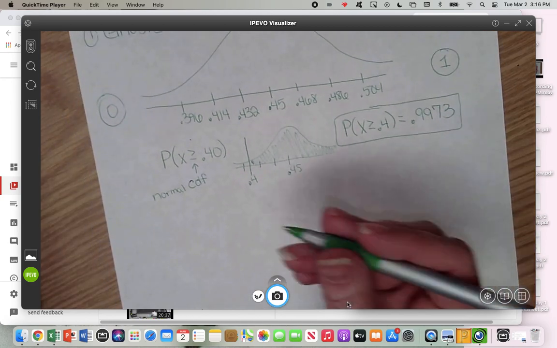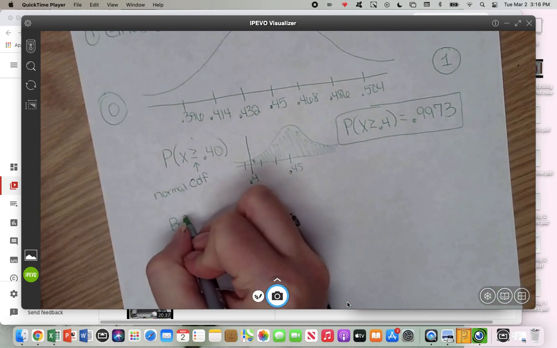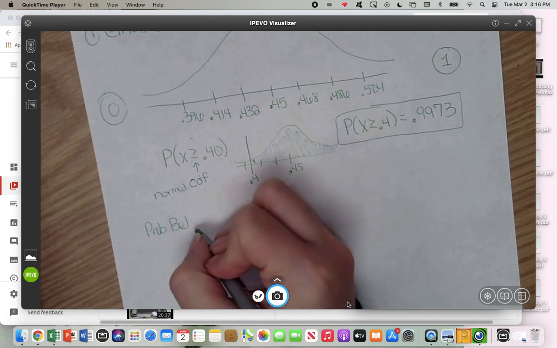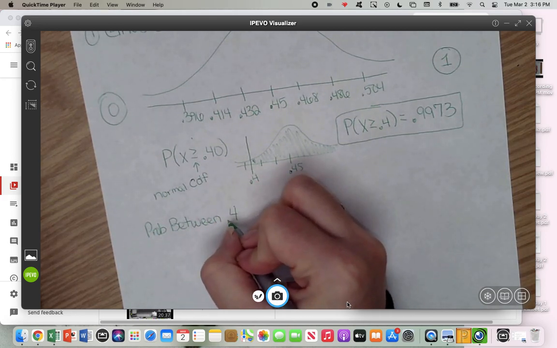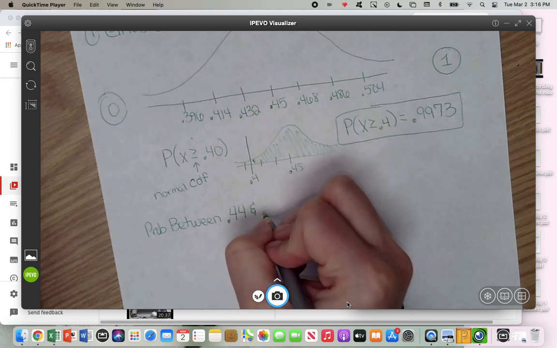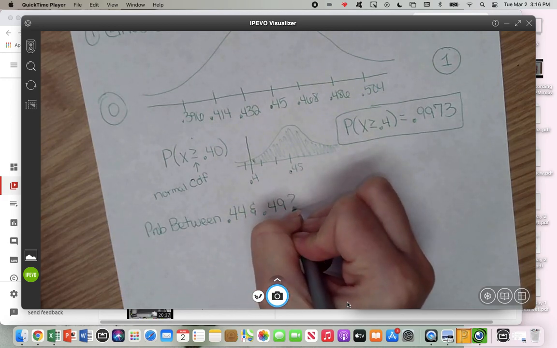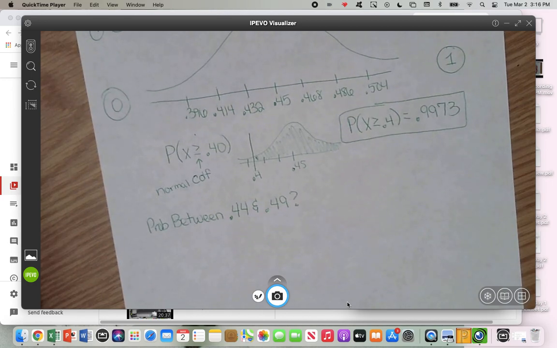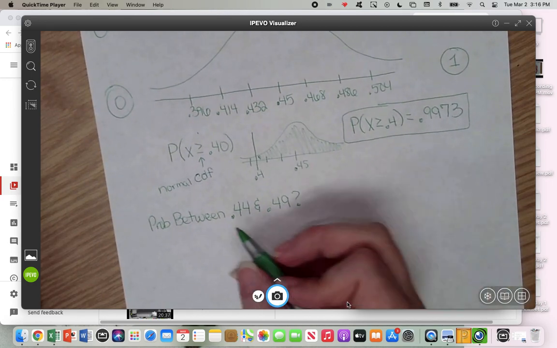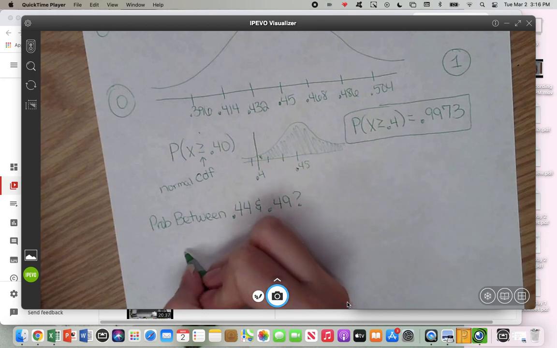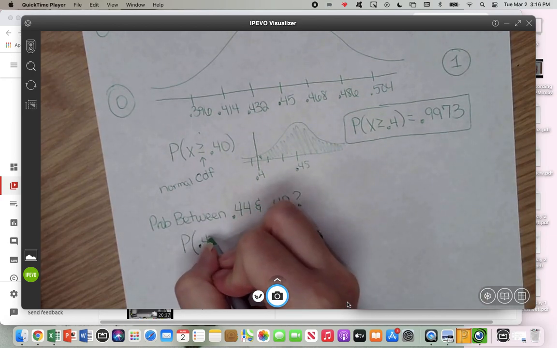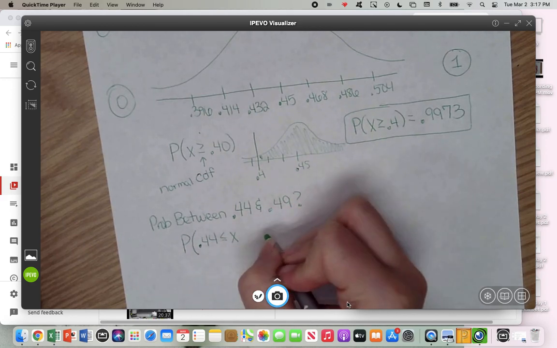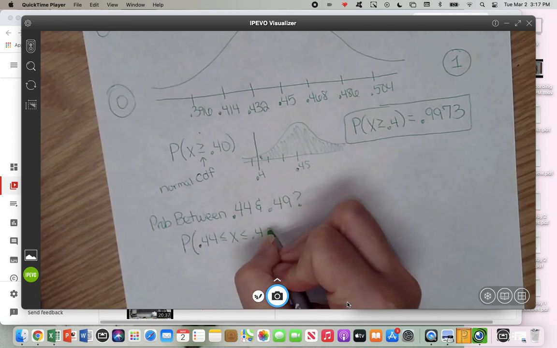Now sometimes it'll say, what's the probability that it's between 0.44 and 0.49. So it might give you a range to look at. So the way we would write a probability statement is, since it's in between two numbers, we're going to say that x is in between 0.44 and 0.49.